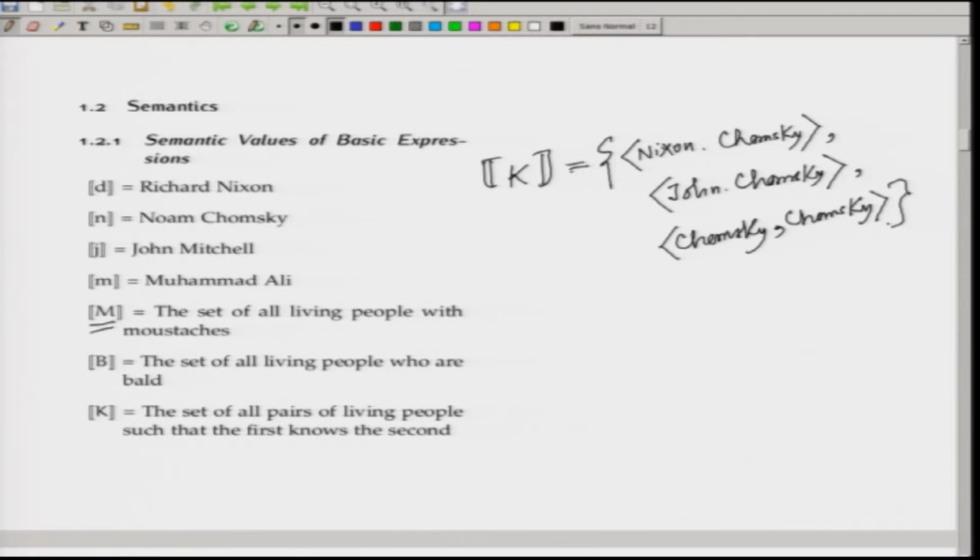If that is the case, then this would be the denotation of K. You see, it's a set, an unordered set of ordered pairs. Each of its members is an ordered pair, but the set itself is unordered. This is the most important thing to understand here.